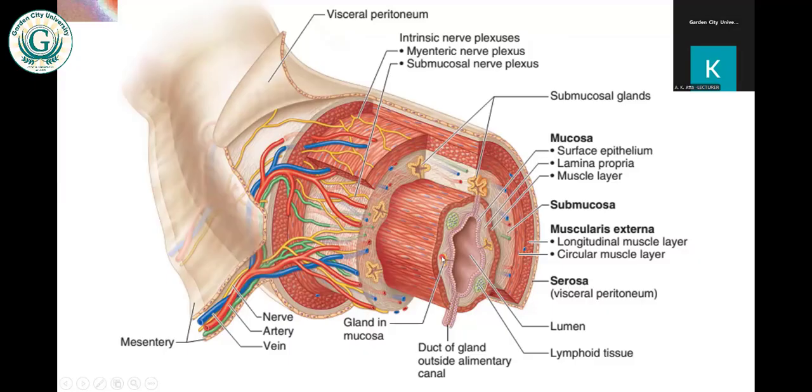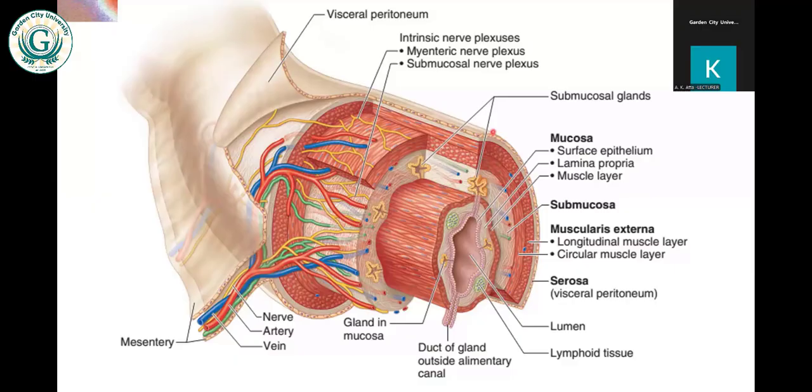The next layer is the submucosa, then the muscularis externa. It is this muscle layer that we said is responsible for peristalsis. So what it means is that the contraction of the muscularis mucosa can be independent of the muscularis externa.